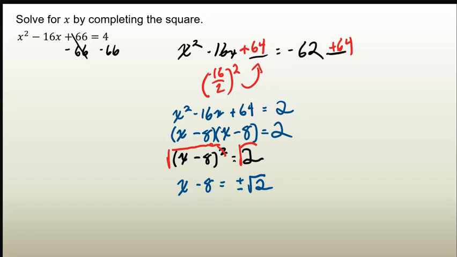There's a little bit of nuance here to where all this is coming from. Now I just got to add the 8. So I add the 8 to both sides, and I get x equals 8 plus or minus square root of 2, which is the same answer I got before with the quadratic formula. But, if you ask me, a whole lot more efficiently.